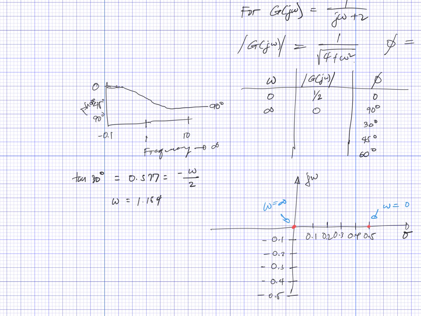Makes sense. So 1.154, and using that value of omega 1.154, we then substitute that for the magnitude.